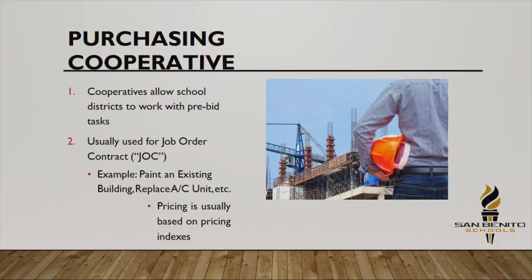But then there are other things like carpentry, where they're going to use pricing indices to figure out how much it would cost to build this. And they may think, hey, wait a second, a carpenter in New York charges $400 an hour, when maybe some of our local individuals may be charging $50 an hour. So when tasks are brought under a co-op, we're not sure what pricing index is being used for services.